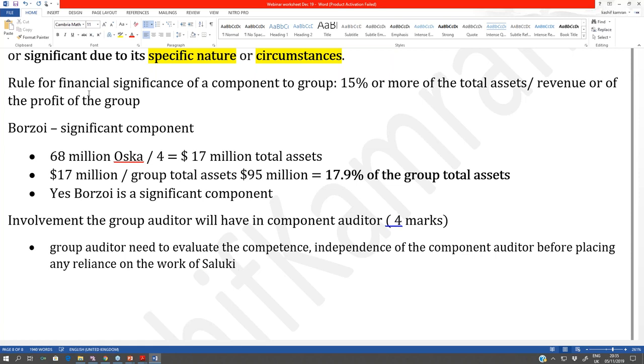So you need to confirm the competence and independence of Saluki, because Saluki is a component auditor of a significant subsidiary. So you need to first test Saluki because it's a local firm of auditors.